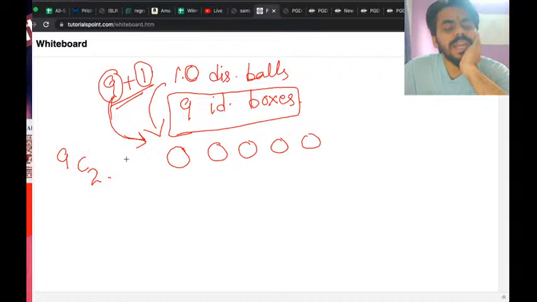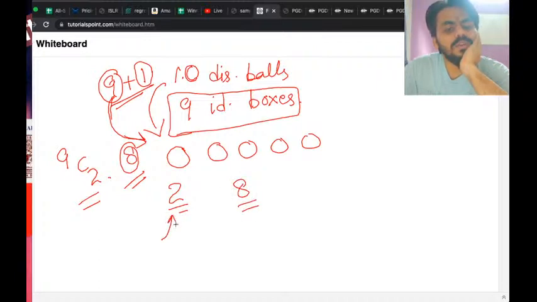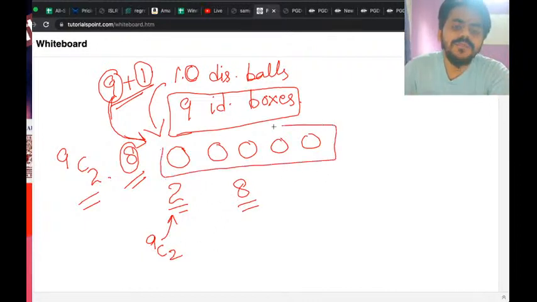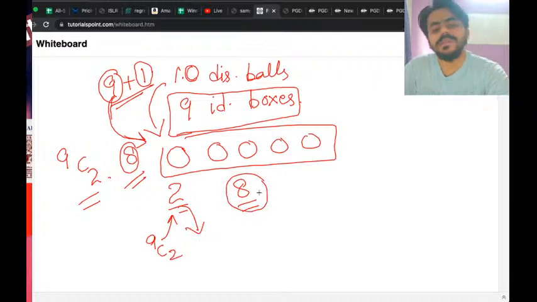9C2, and the remaining 8 balls have to be separated out. So essentially you have here 2 balls and over here you have 8 balls. The way to choose these 2 balls is 9C2, and the moment you choose these 2 balls, automatically these are chosen. The moment you choose the balls, the boxes suddenly have no meaning, because these 2 balls will go to one box and these 8 balls will go to separate boxes, right?